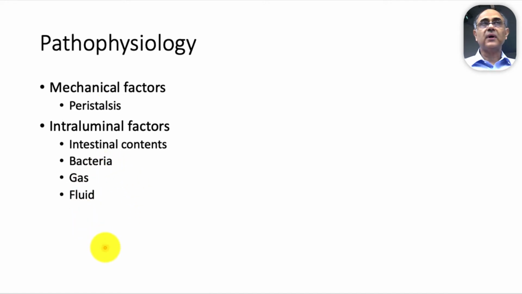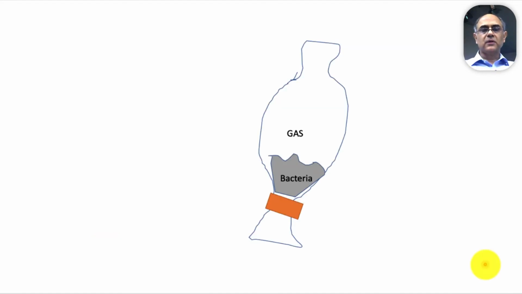Then come the intraluminal factors, what sort of bacteria the intestine has. Small bowel has different contents and large bowel has different contents. Large bowel will have more gas and the small bowel will have more liquidy contents. So this toffee-like structure, let us assume it is the intestine, and this orange part is the obstructing lesion.